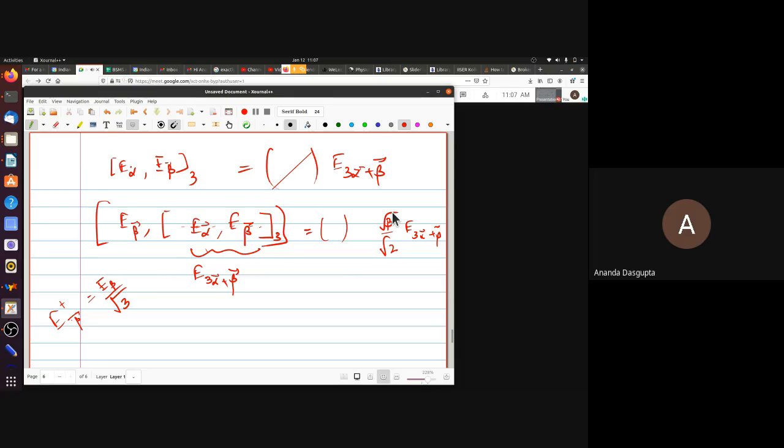So basically what you can do is rewrite all these roots as repeated commutators of E alpha with E beta. That is, just to round off, E alpha plus beta we have already found out is root over 2 by 3, taking the root 3 by 2 to the other side, E alpha E beta. E2 alpha plus beta, that is where I have a problem.